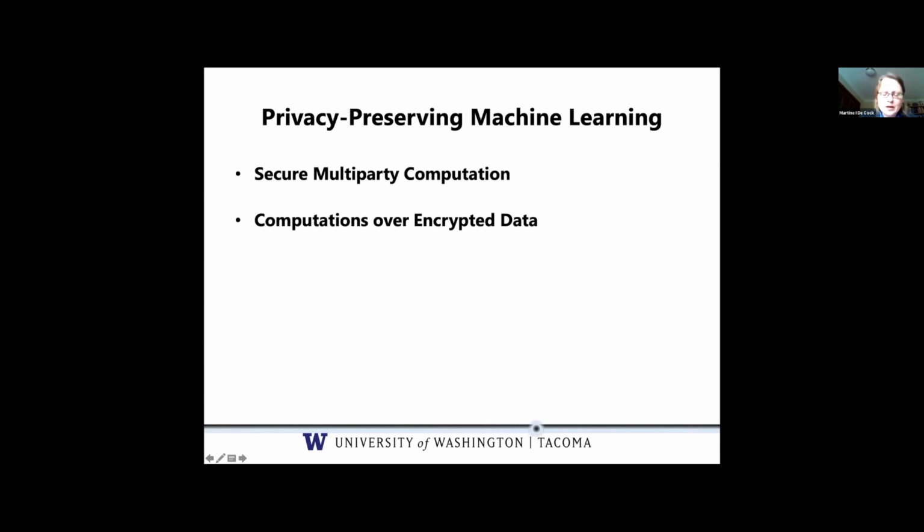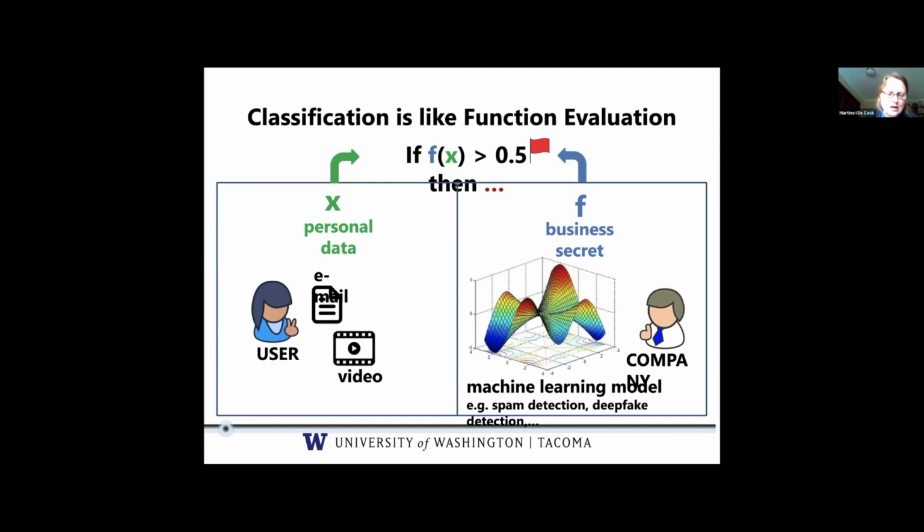Now, what kind of computations do we need? Well, in machine learning, many tasks come down to evaluating functions. Internally in computers, all information is represented as numbers. So for instance, when you, as a user, send an email, typically that email is pushed through a spam detector, which is a machine learning model that belongs to some company.